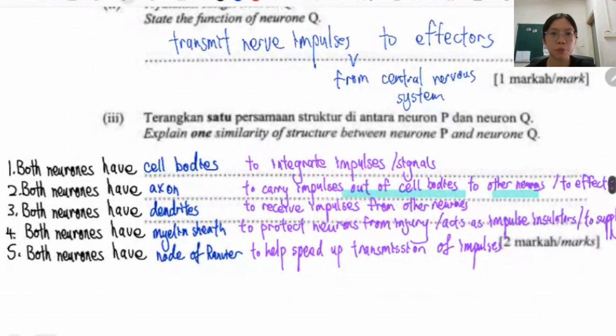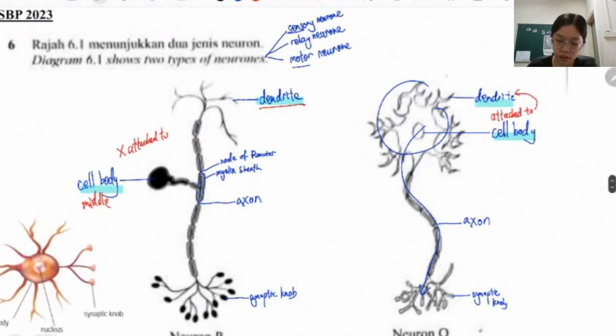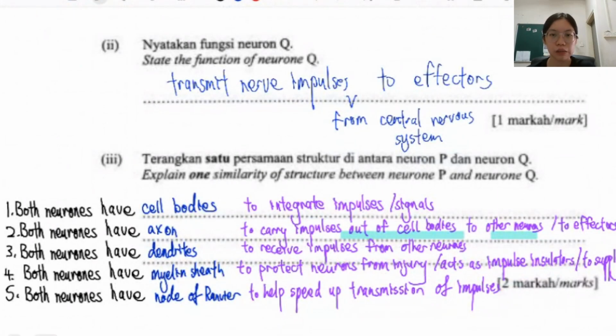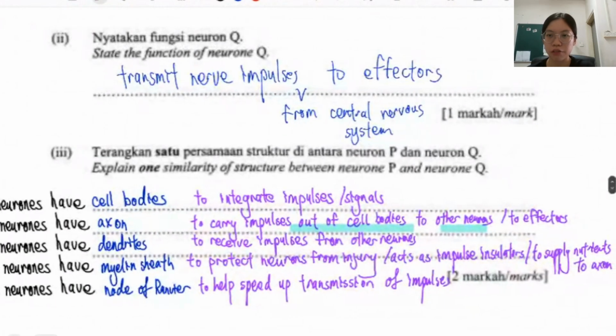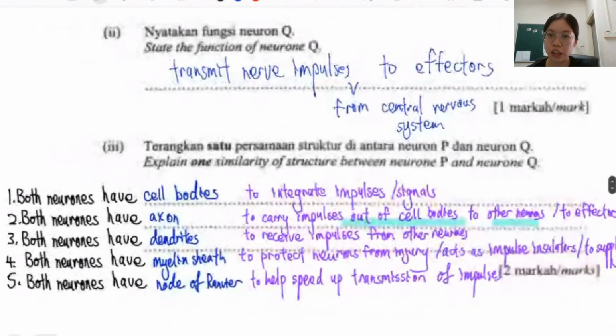Both also have dendrites. What do dendrites do? They receive nerve impulses from other neurons. What about the myelin sheath? Maybe you want to mention that in detail. It acts as an impulse insulator, supplies nutrients to the axon, and protects neurons from injury.